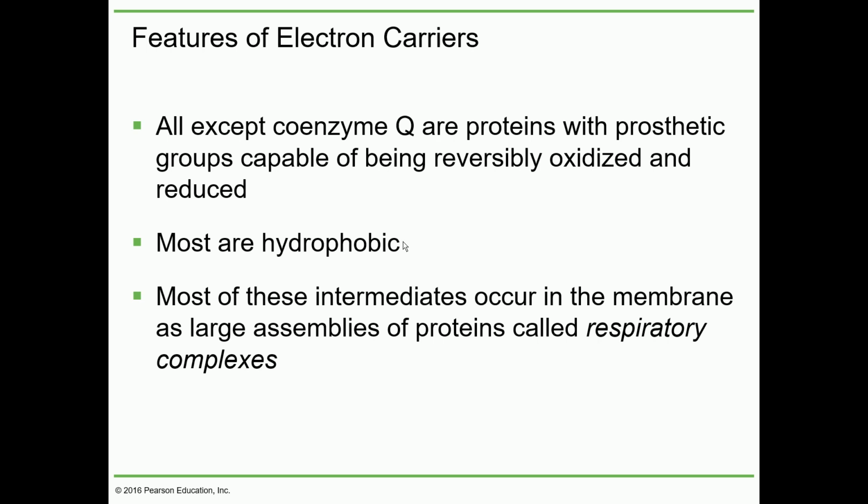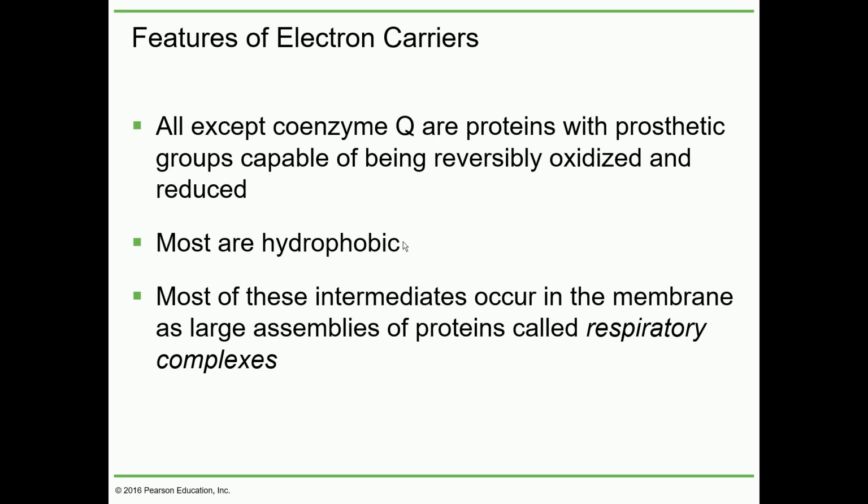So basically, as you know, these electron carriers, NAD plus and FAD, are bringing electrons and delivering these electrons to the electron transport chain. And this electron transport chain is made of these kinds of proteins, and these proteins have prosthetic groups in them, and these prosthetic groups can get oxidized and can get reduced.